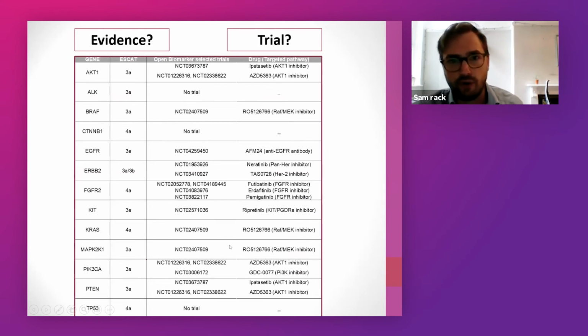Now, one of the limitations to this is that these are generally quite small trials, recruiting from about 20 to 50 patients, and they can be based all over the UK because this is a nationwide approach that we're taking.